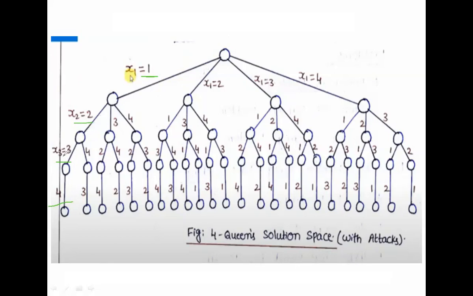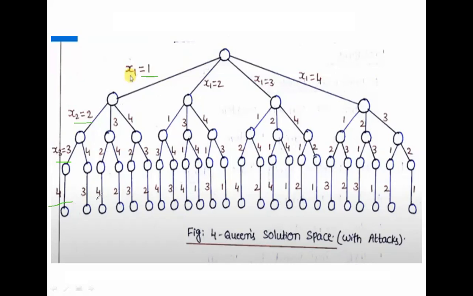Here we have another way. In the fourth column you place the third queen, and in the third column you place the fourth queen. All possibilities I am just constructing in the tree. Here the second queen is placed in the third column, the third queen in the second column, and the fourth queen in the fourth column. Then in another path, the third queen is placed in the fourth column and the fourth queen in the second column.